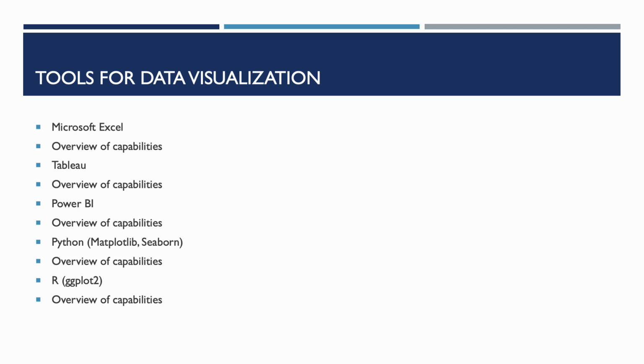It's favored by statisticians and data scientists who need to visualize data in a highly customizable and statistically rigorous way. So each of these tools has its place depending on your specific needs and the complexity of the data you are working with. Whether you are looking for ease of use, powerful customization, or integration with other systems, there's a tool that fits the bill.